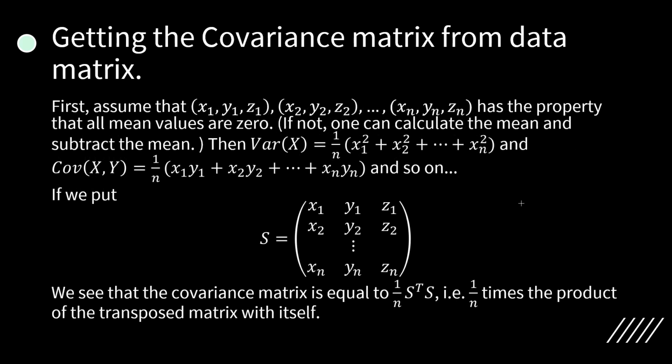If we put S as the data matrix, with x1, y1, z1 becoming the first row, x2, y2, z2 becoming the second row, all the way up to xn, yn, zn, then because of the relationship that we figured out here, the covariance matrix is equal to 1 over n times S transpose S. In other words, it's 1 over n times the product of the transposed matrix with itself.